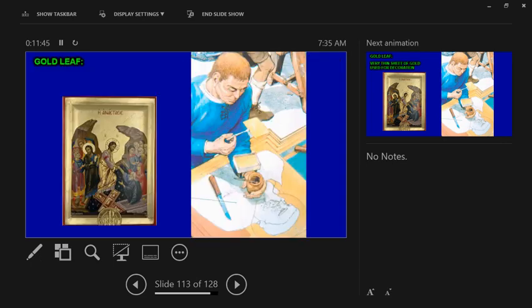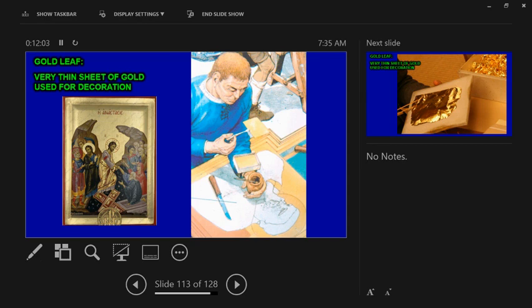All right, I want you to know what gold leaf is. We're going to be talking about gold leaf throughout this semester. These are very thin sheets of gold used for decoration.